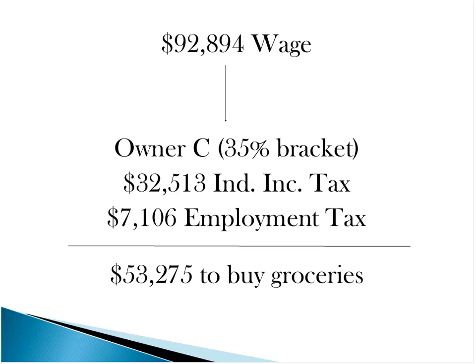So that's going to leave the owner $53,275 to buy groceries or pay for the light bill or whatever he or she wants to do. So not a lot of money left over, especially if you're in a 35% tax bracket.